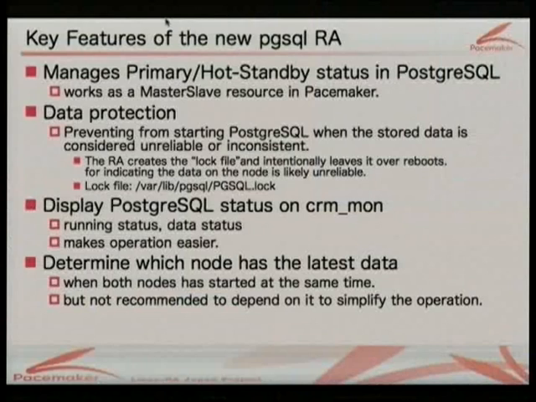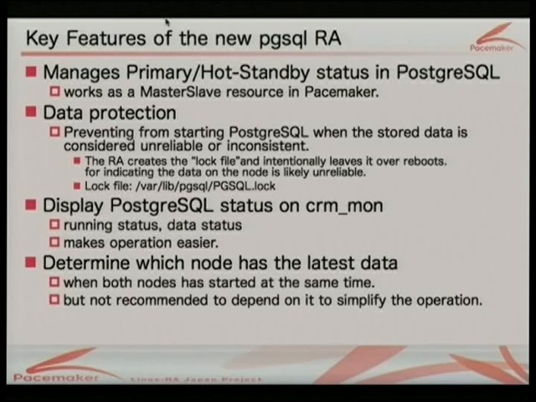Okay, so we enhanced the PostgreSQL resource agent script. The key differences are: first, of course, it supports multi-state handling of the PostgreSQL database. Pacemaker already supports multi-state resources called master/slave, so you can use our new resource agent as a master/slave resource.